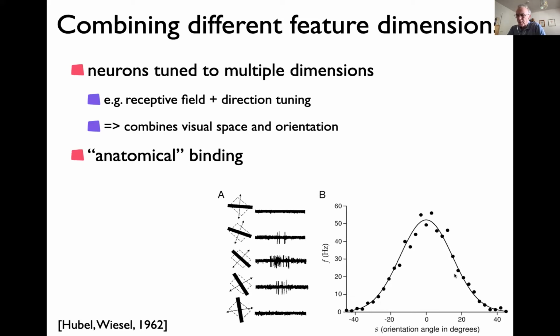And very similar ideas apply to many other feature dimensions you're aware of. Movement is like that, and texture, really spatial frequency, is like that, and a lot of other things. And in a lot of those, receptive fields play a role. That is, everything also depends on visual space.